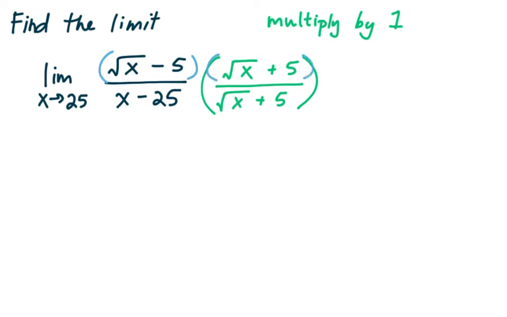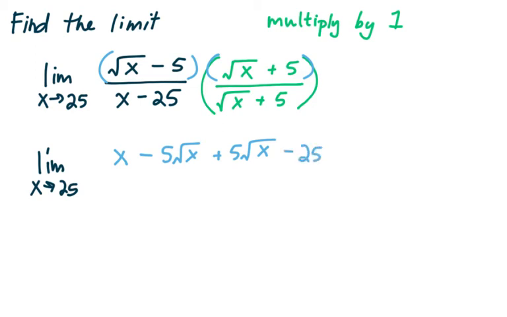So we'll look at FOILing that numerator. That's going to give me the limit as x approaches 25. Square root of x times the square root of x is the square root of x squared, or just x. We'll have minus 5 root x plus 5 root x, and then negative 5 times positive 5 gives us negative 25.